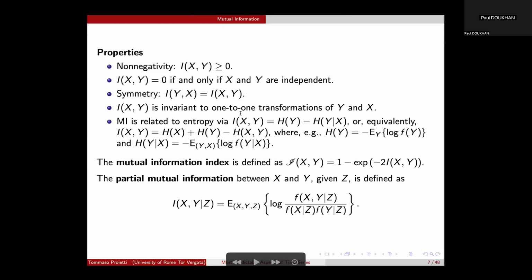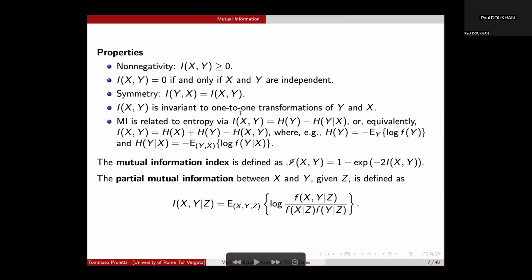So this measure of dependence is non-negative. You can convert it into a measure of dependence between 0 and 1 by taking the mutual information index, which is this transformation. Everything is symmetric here with respect to x and y, and it's not directional.